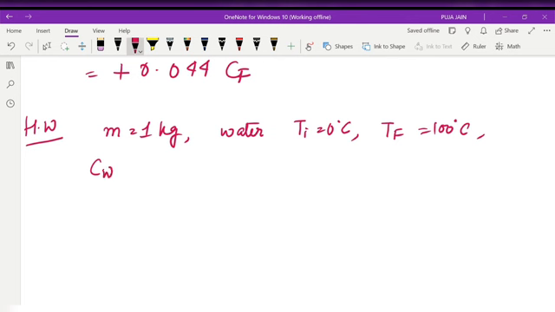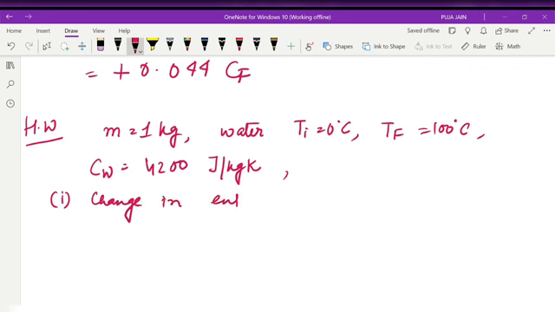Heat capacity for water is 4200 joule per kg Kelvin. You have to first find the change in entropy of water. Tell me the answers in the comment box, and if you have any problem solving this question, tell me in the Telegram group. I will send you the whole solution.